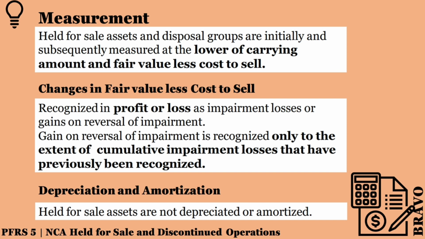When fair value less cost to sell changes, there will be impairment losses or gains on reversal of impairment that will be recognized in profit or loss. Gain on reversal of impairment is recognized only to the extent of cumulative impairment losses that have previously been recognized. Lastly, held for sale assets are not depreciated or amortized.